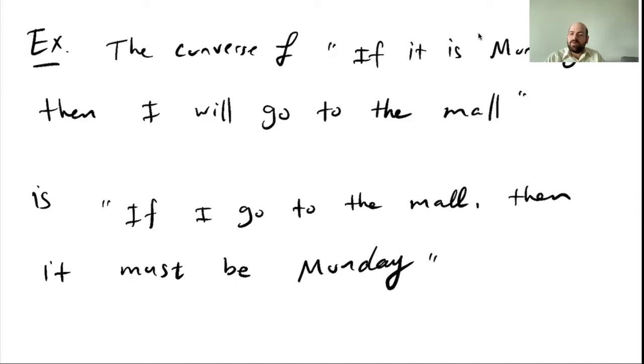In the situation where I go to the mall on Mondays and Thursdays, the second sentence will not be true, although the first statement is true. So my point is, if a conditional statement is true, then the converse of that statement does not have to be true anymore. It may be true, but it may not be true.